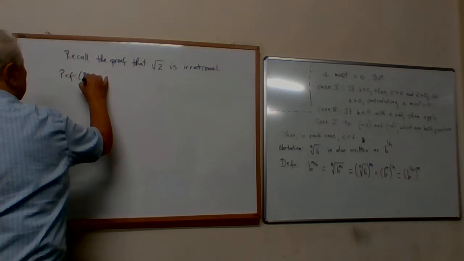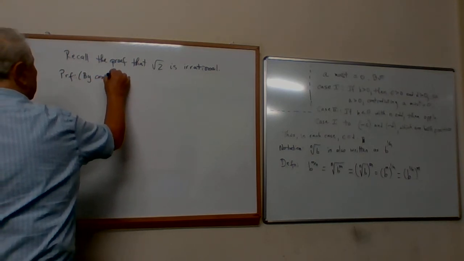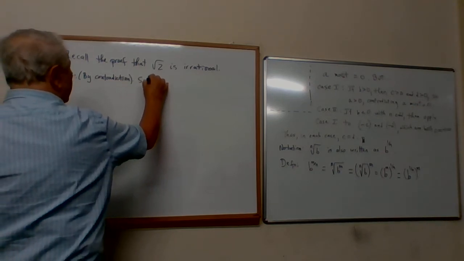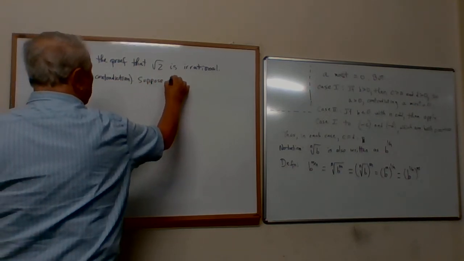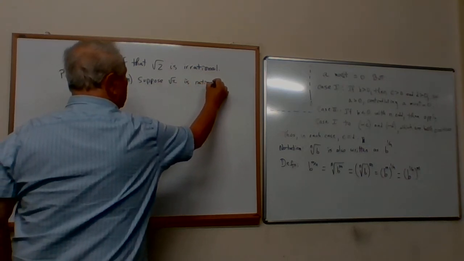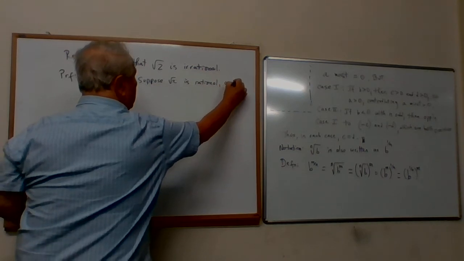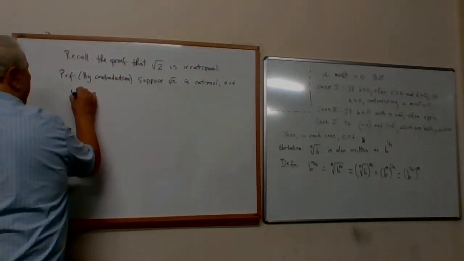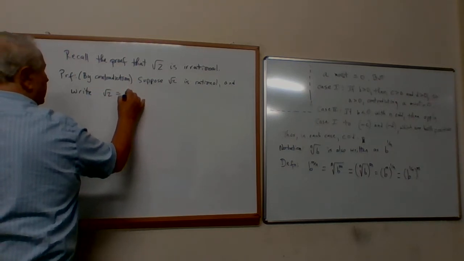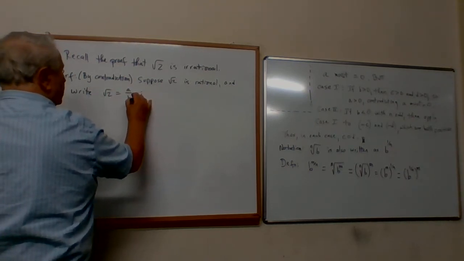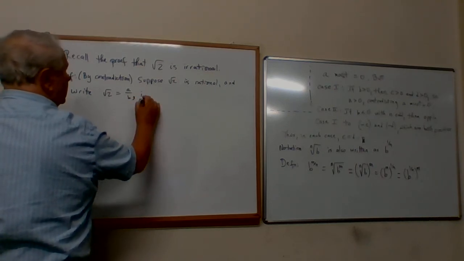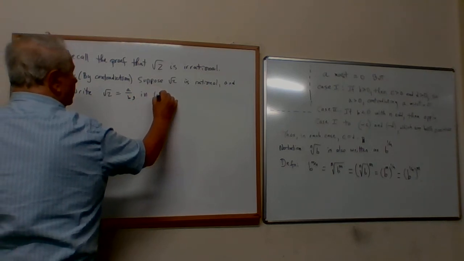By contradiction, suppose it is rational. Suppose the square root of 2 is rational. And so write it as a fraction. Right? The square root of 2 equals a over b, which is a fraction in lowest terms.